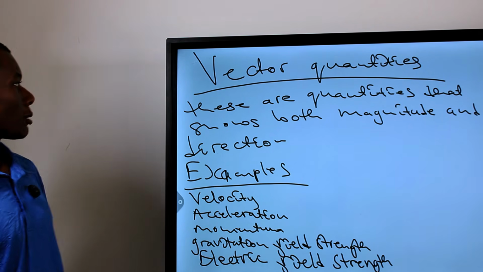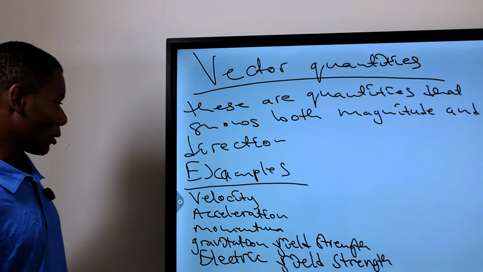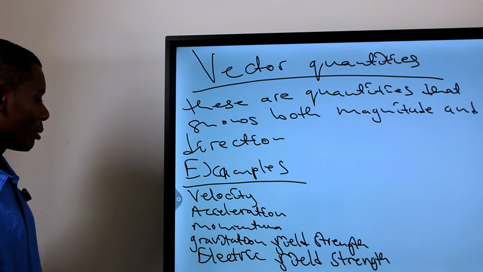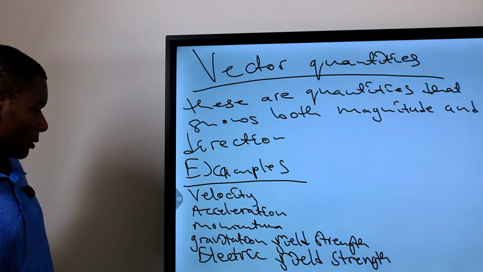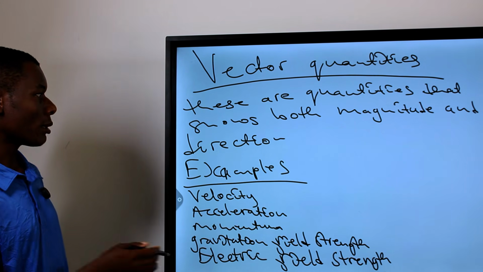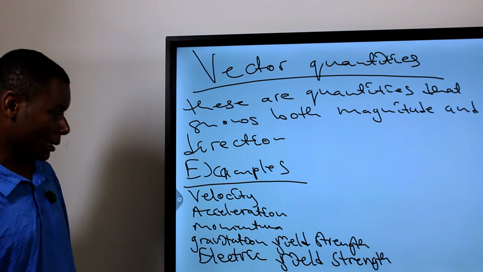So these are examples of vector quantities. Velocity, acceleration, momentum, gravitational field strength, electric field strength, they show both magnitude and direction.